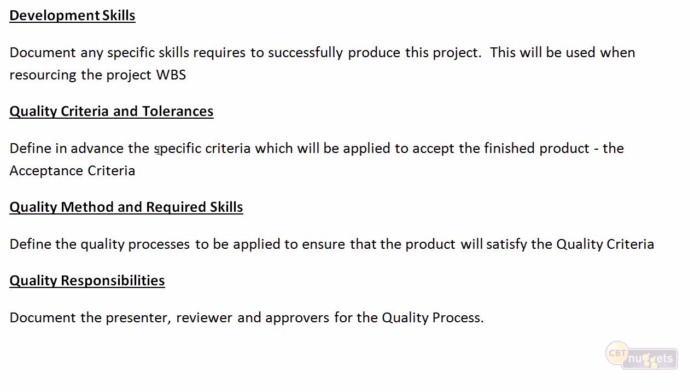And then defining in advance the acceptance criteria is key to successful completion of the product. If we know now what the acceptance criteria is going to be, we build our document to meet that acceptance criteria and only that acceptance criteria.